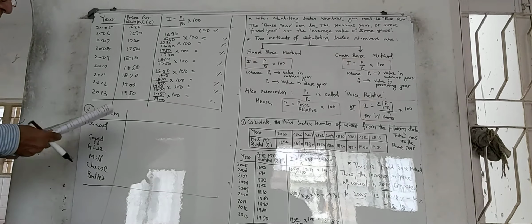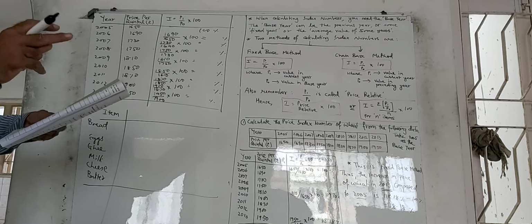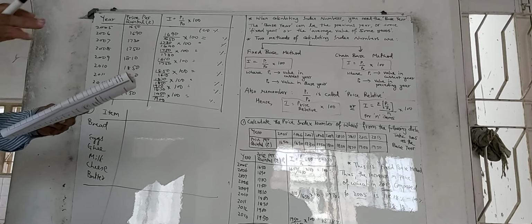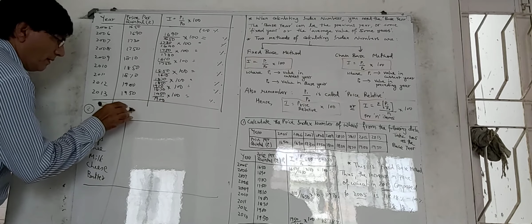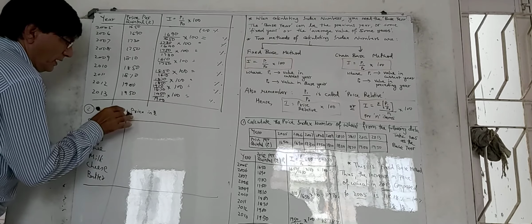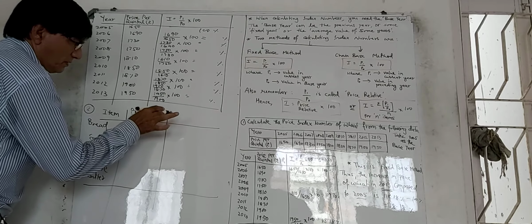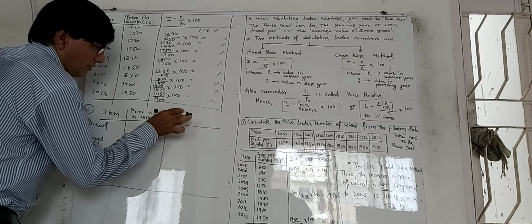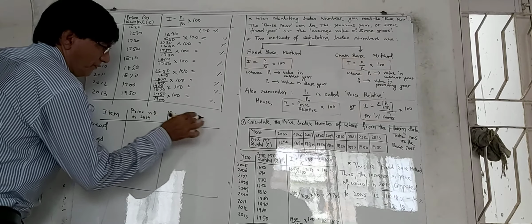And then we are given the price per unit of the same item in 2 different years, 2014 and 2015. Now we want to find the general index number of all the items. So price in rupees in 2014 and price in rupees in 2015.